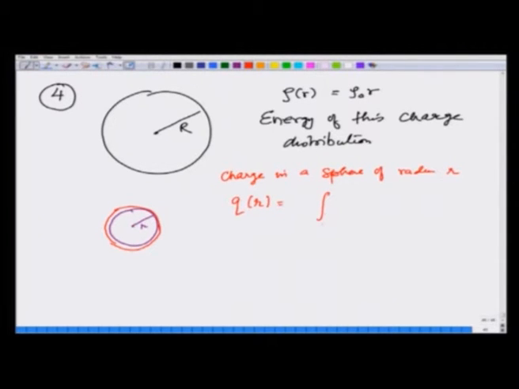Since this is spherically symmetric, I can write the volume element as 4 pi r prime squared dr prime, and the charge density is rho 0 r prime, which then comes out to be 4 pi integration rho 0 r prime cubed dr prime from 0 to r, which is equal to pi rho 0 r raised to 4. That is the charge which is contained in this sphere of radius small r. So, total charge on this big sphere is pi rho 0 capital R raised to 4.